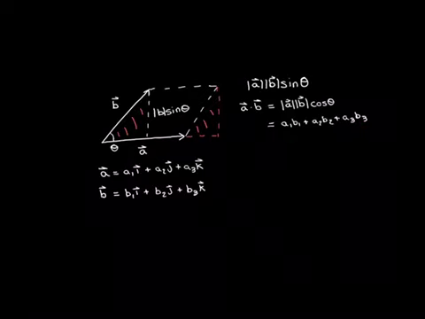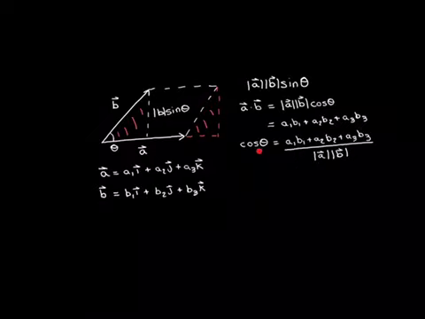So if we say that vector a is equal to a1i plus a2j plus a3k, as before, and vector b is equal to b1i plus b2j plus b3k, then the formula in terms of components for the dot product is a1b1 plus a2b2 plus a3b3.